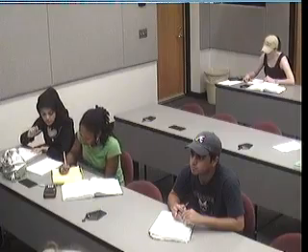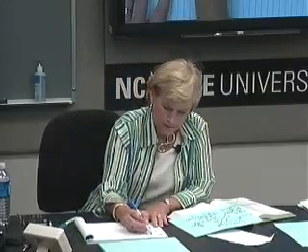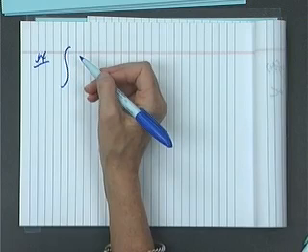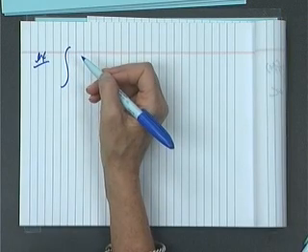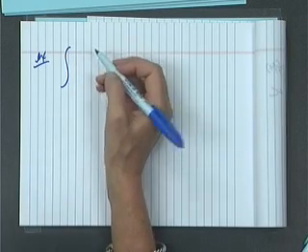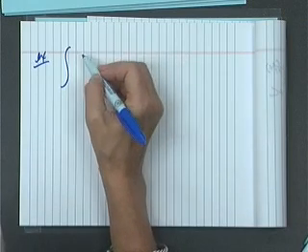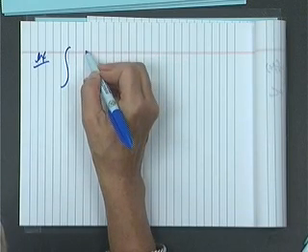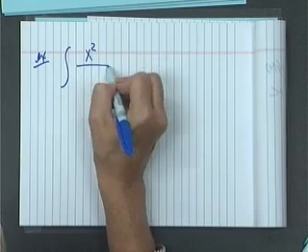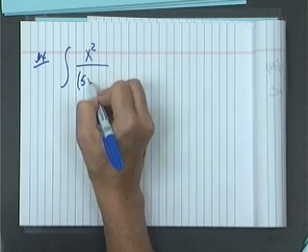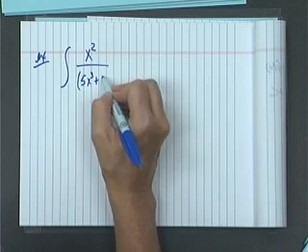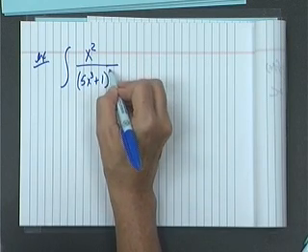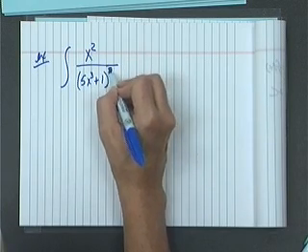All right, let me give you another one. I know you want a hard one, so let me think. Hard problem. Integrate. How hard do you want it? Not too hard? Okay, not too hard. Let's make that a cube.